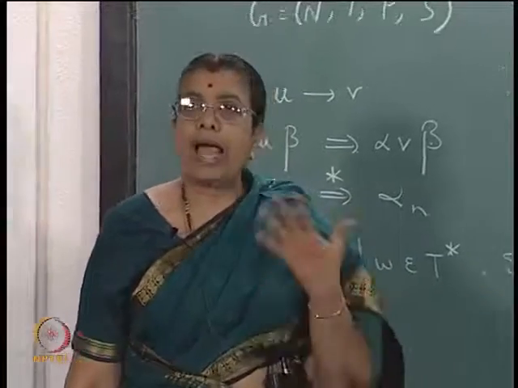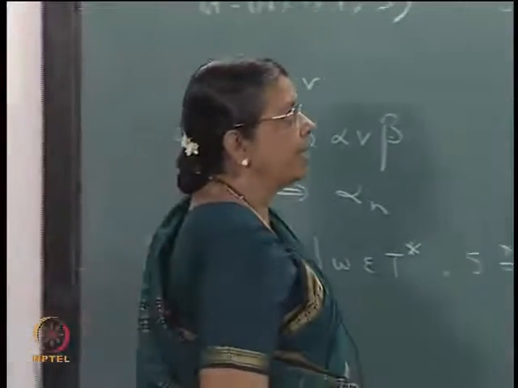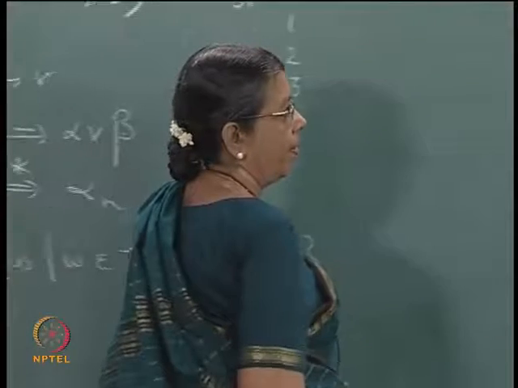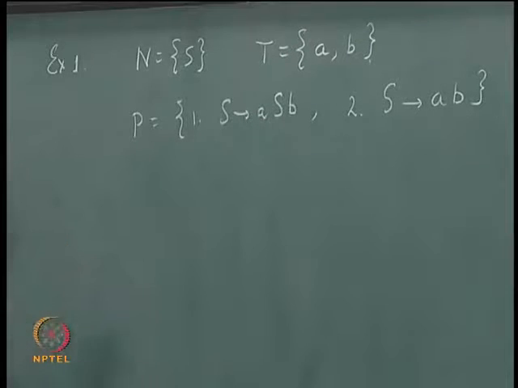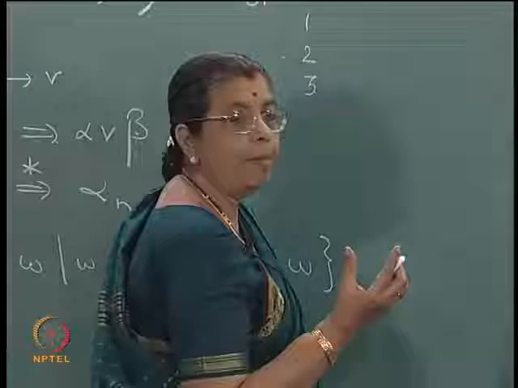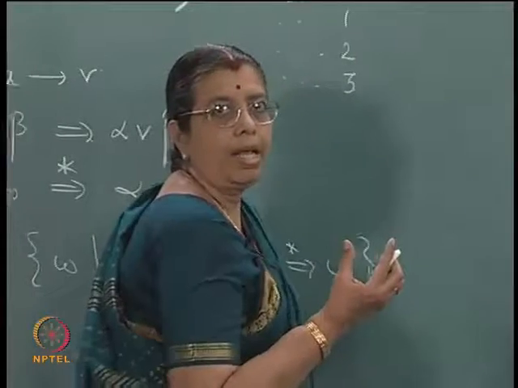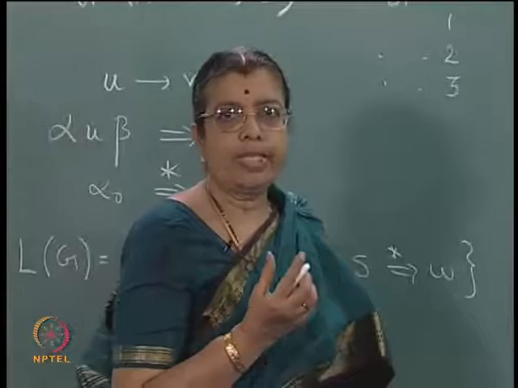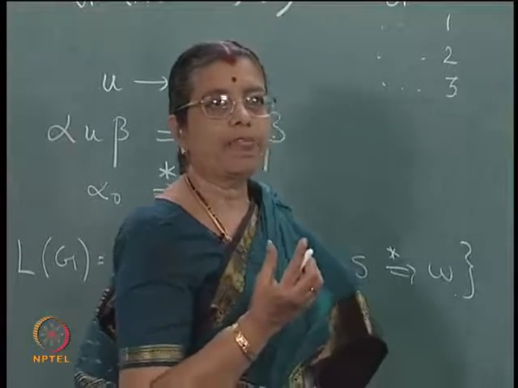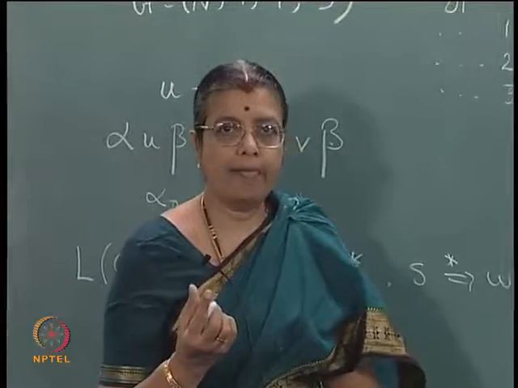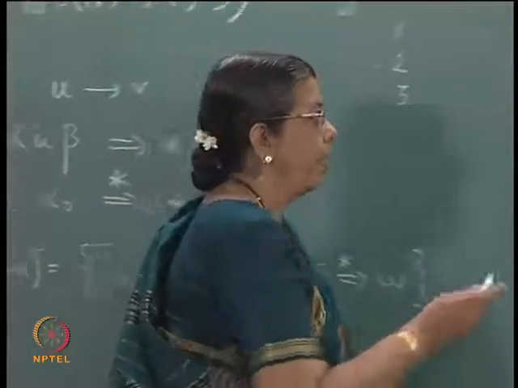Now what is the language generated by this grammar? Let us derive some strings and see. Any terminal string derivable from the start symbol belongs to the language generated by the grammar. So let us see what sort of terminal strings are derivable in this grammar.